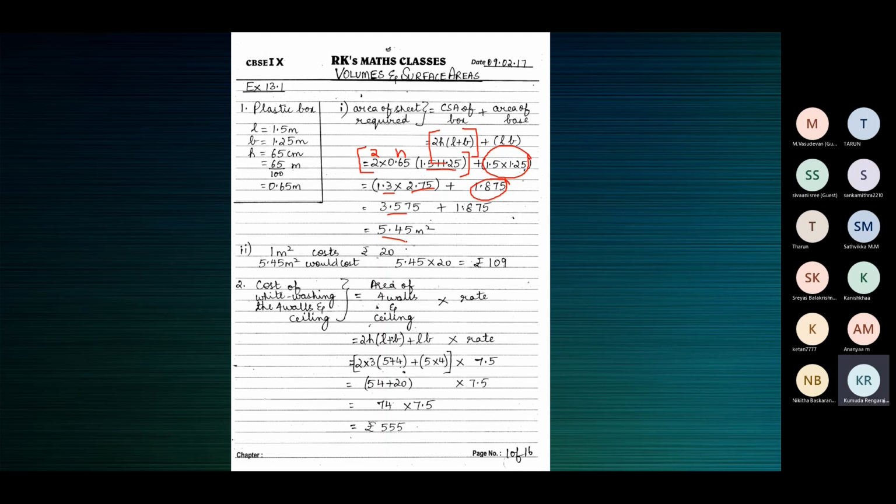When you find the TSA, you're also including the area of the top, which is not here. So you can find the total surface area, that is the area of all the 6 faces including the top face, and from that take away the area of the top. So you will get the area of the 5 faces.